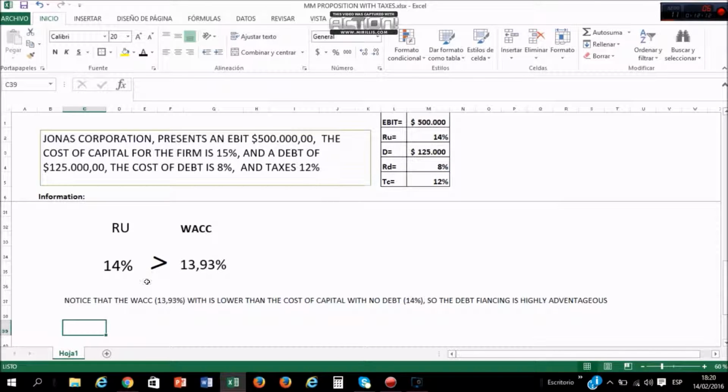Notice that the WACC of the leveraged firm is lower than the cost of capital with no debt, which in this case is 14%. So the debt financing is highly advantageous. It's convenient for the firm or enterprise to include debt in the capital structure, because it reduces the cost of financing. So this is all for today, and thank you.